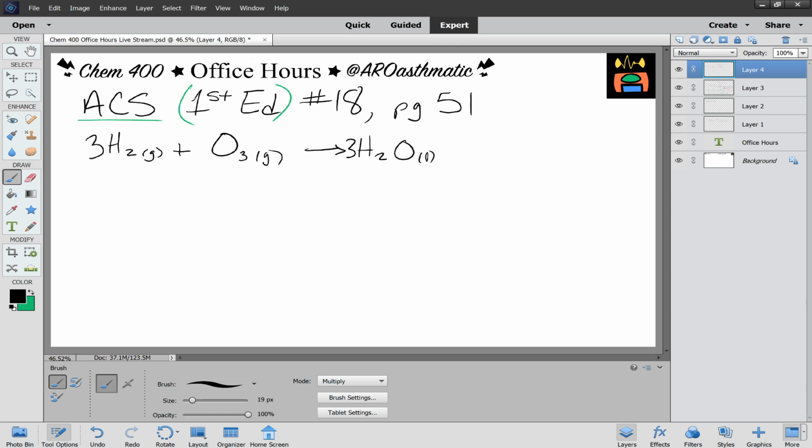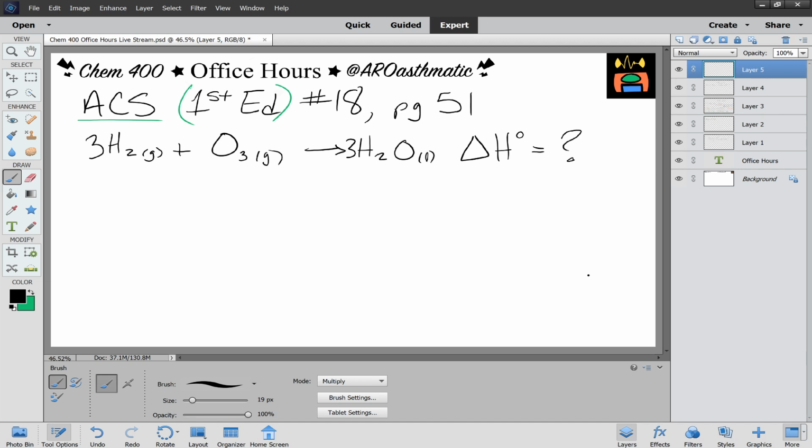And this problem asks us to determine the delta H, change in enthalpy, for this reaction. All right. And we're given 2 reactions.